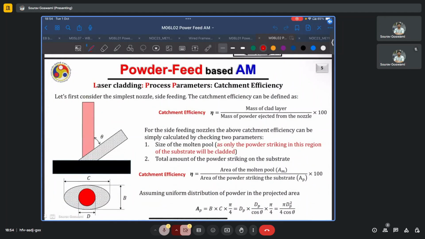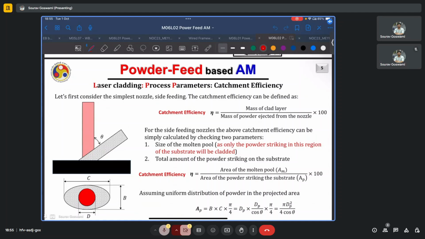And here we have a formal definition of the catchment efficiency. It is defined as the ratio of the mass of clad layer to the mass of powder ejected from the nozzle, multiplied by 100 for the percentage. And for the simple case of side feeding lateral nozzle, we have also derived a very simple expression for this catchment efficiency.